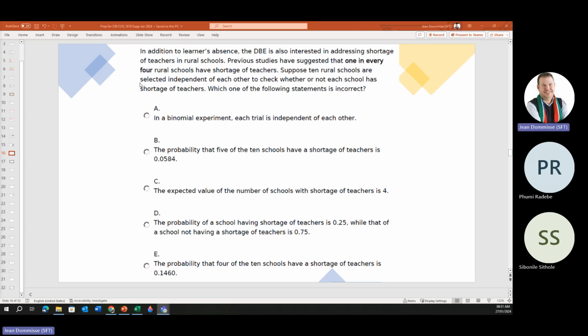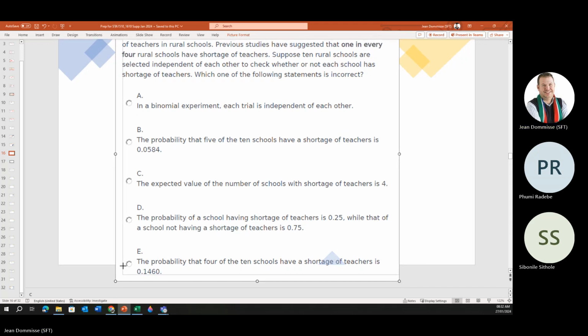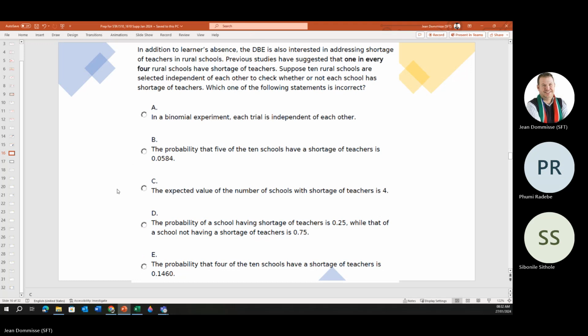Let's look at this one. Let's try and make it a bit bigger. So obviously the question follows on to other data sets, but they tell us previous studies suggest that 1 in every 4 schools have shortages of teachers.